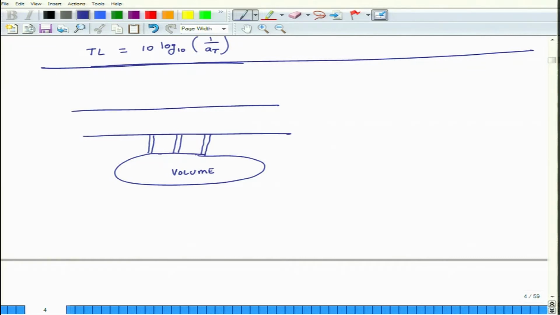So, then the question is, in this case what happens? In this case C A does not change, because the volume of the muffler is same.